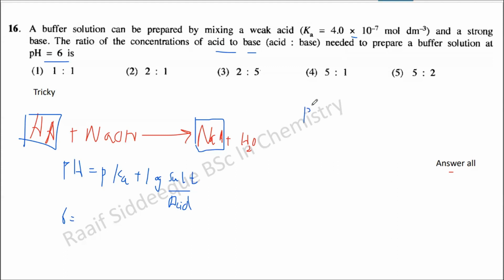So pKa is equal to minus log of 4 into 10 to the power minus 7. The 10 to the power minus 7 gives 7 minus log 4, so there will be something like 6 point something. I will just check that for the moment.